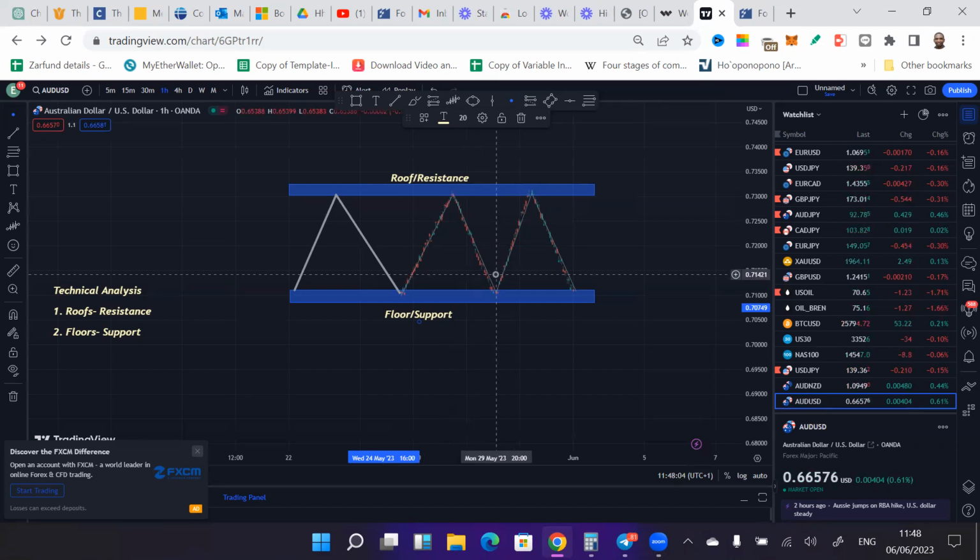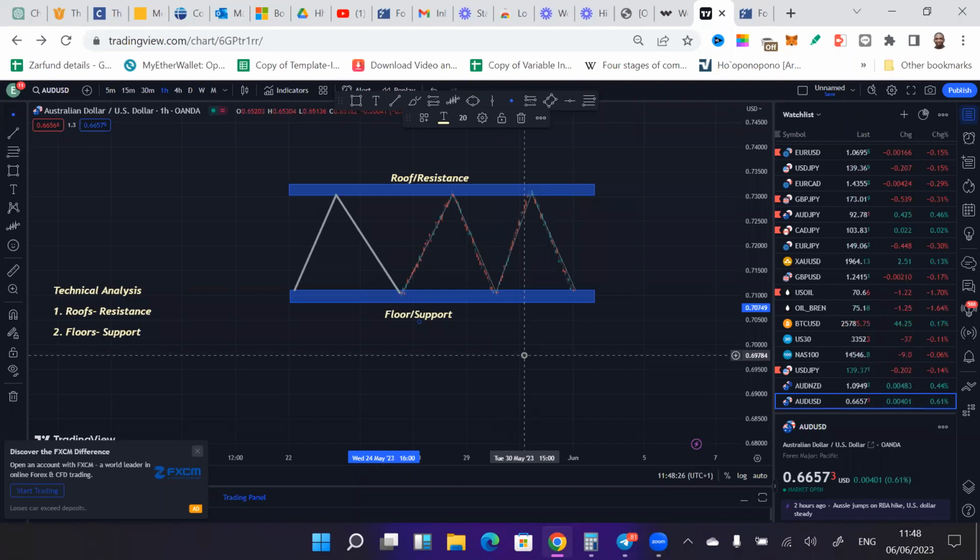So if you want to buy now, we've said that profitability in the market is knowing where to buy and where to sell, right? So where do you want to buy now? You want to wait for price to get to a floor or a support before you buy. It's as simple as that.